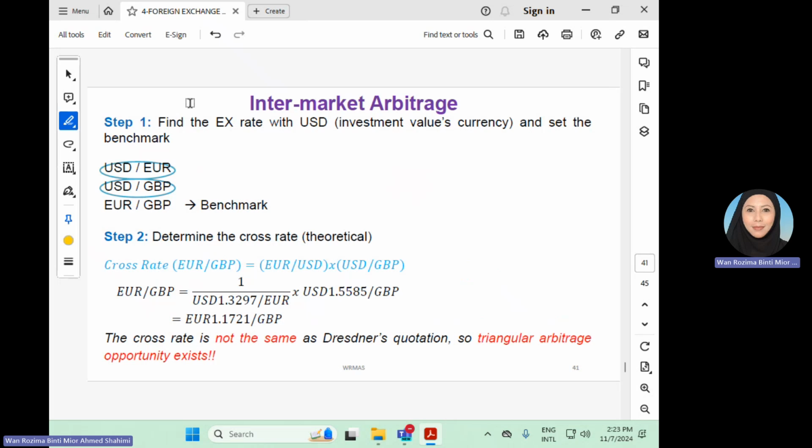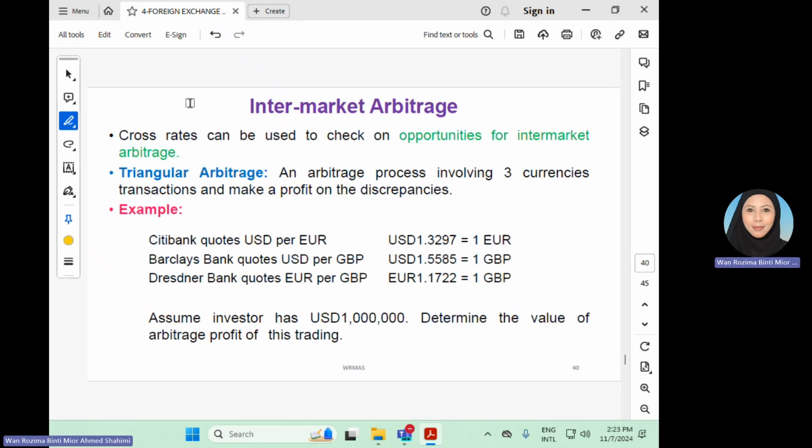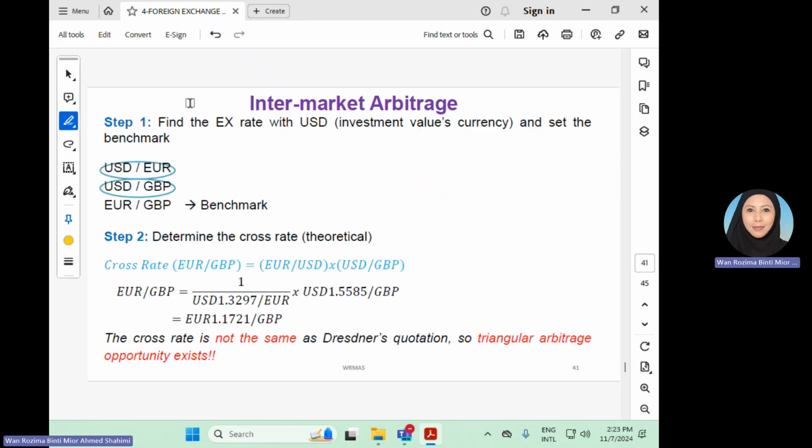Okay, then from euro and British pound, the quote is 1.1722. But when you calculate theoretically, the value should be 1.1721, not 1.1722.